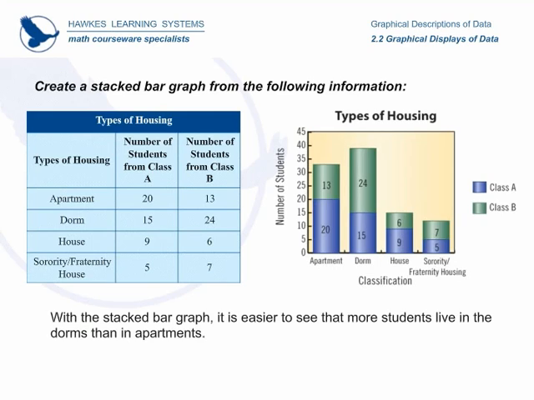We have our Class A students in blue, and we have our Class B students in green. And so we have the classes stacked one upon another. With the stacked bar graph, it's easier to see that more students live in the dorms than live in apartments.